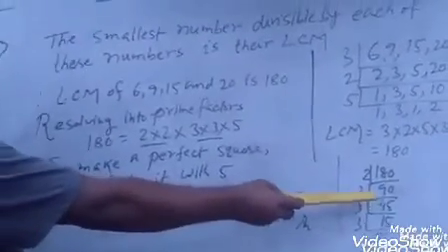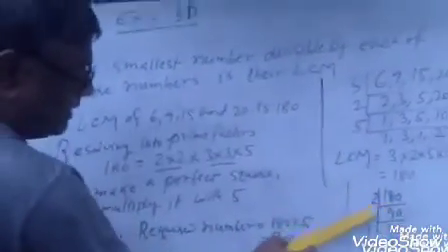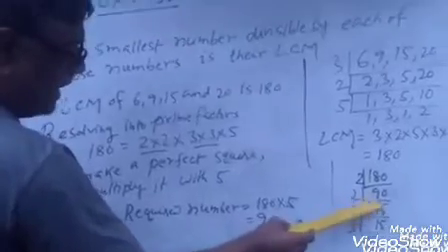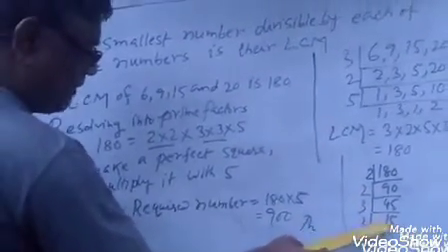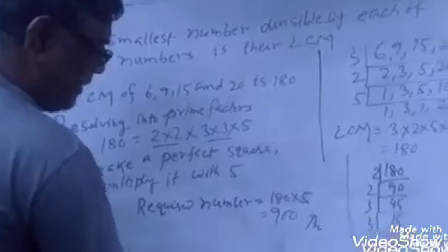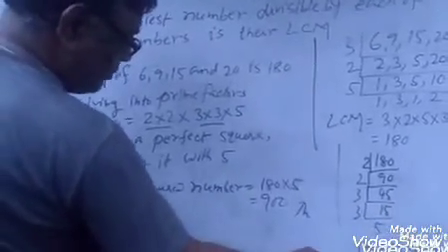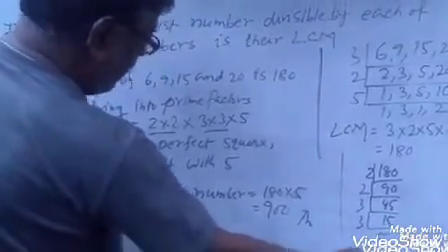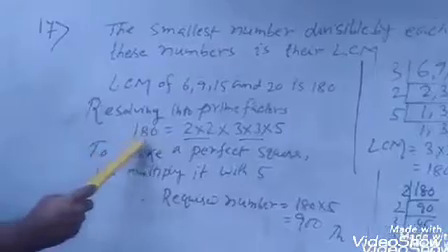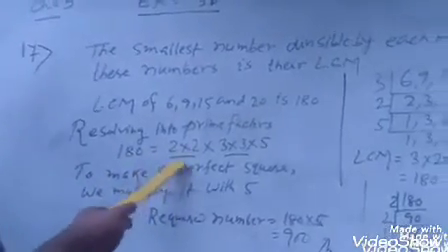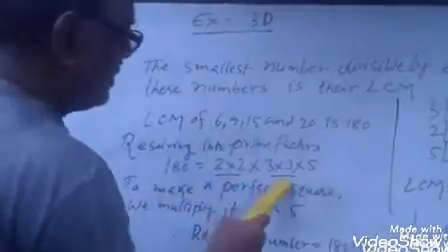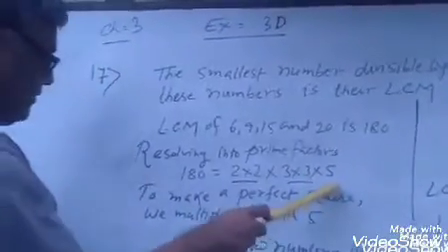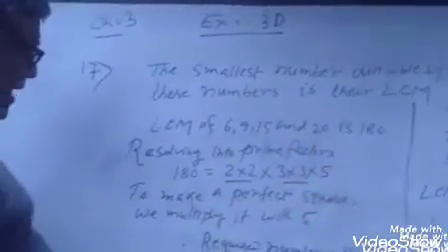180 divided by 2, quotient is 90, 90 divided by 2 we get 45, 45 divided by 3 we get 15, and 15 divided by 3 quotient is 5. So 180 equals 2 into 2 into 3 into 3 into 5. Now 180 has one pair of 2 into 2, another pair 3 into 3, and 5, which is not in a pair.